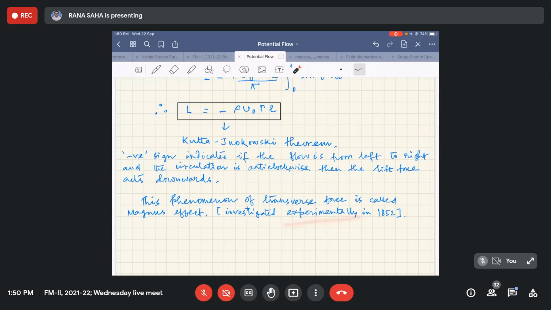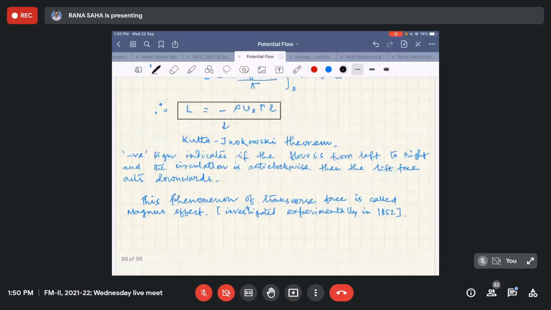I think this kind of situation one can also correlate with the spinning of a ball and the loop that it takes after it travels a certain distance, where there is a sudden drop in its altitude. If you throw a ball along with a spin, typically you can consider it like this.